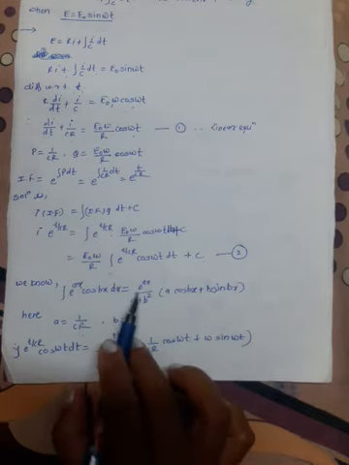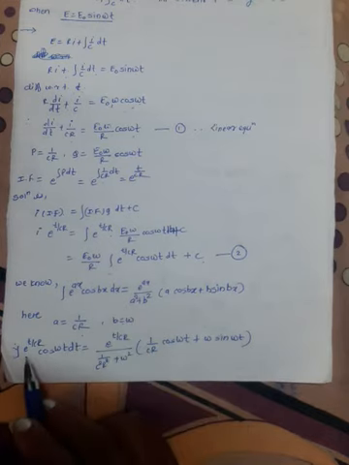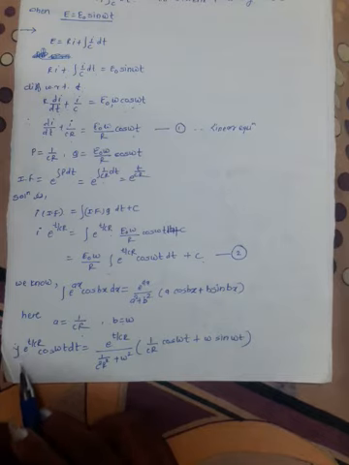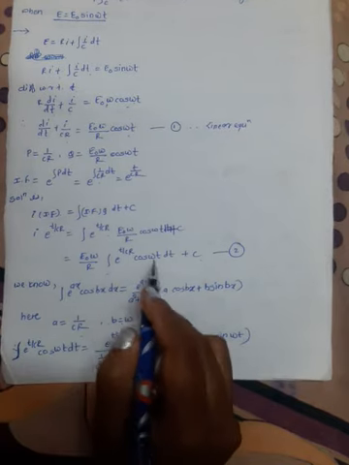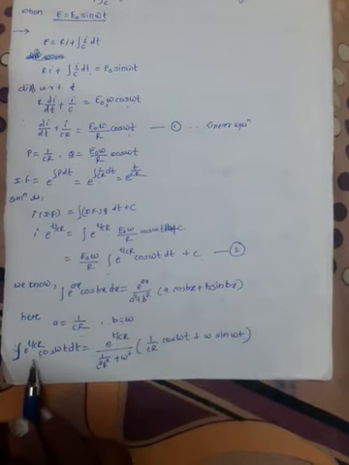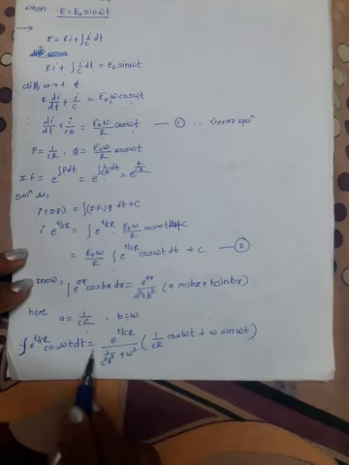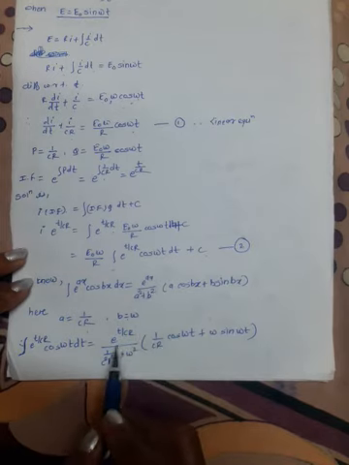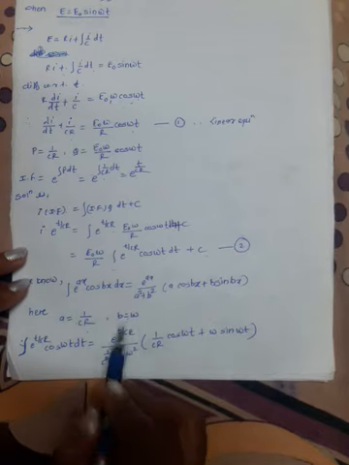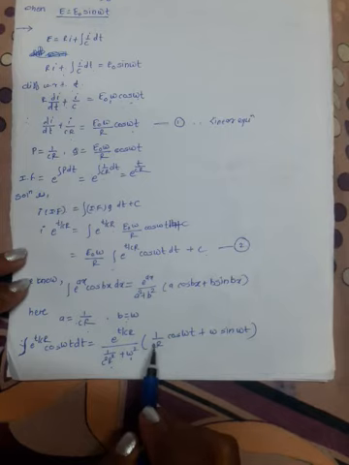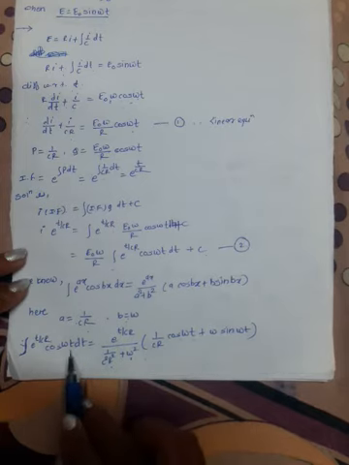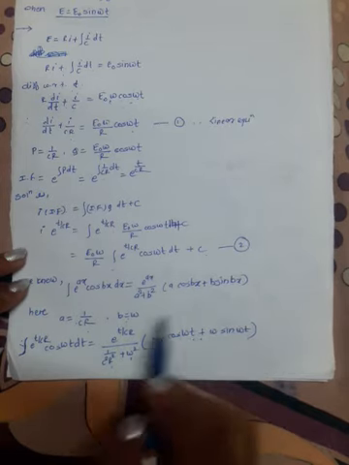Therefore, put these values here. Consider this integration separately first. The integral of e raised to t upon CR cos omega t dt is e raised to t upon CR upon a square plus b square, that is this square plus this, into the bracket a cos bx, 1 upon CR cos omega t as it is, plus b, omega sin omega t.